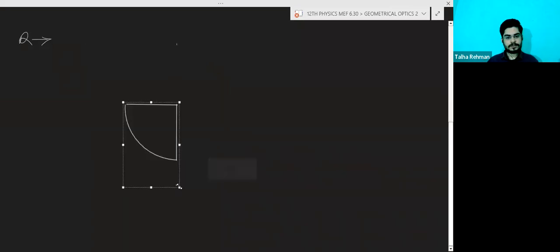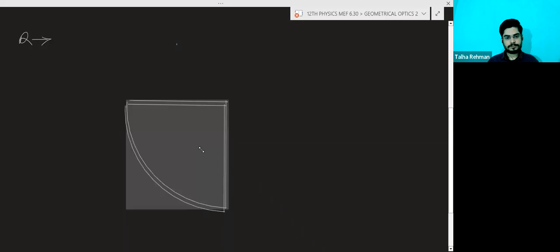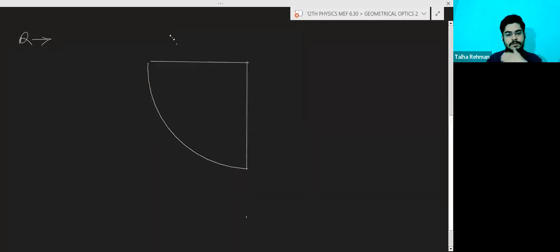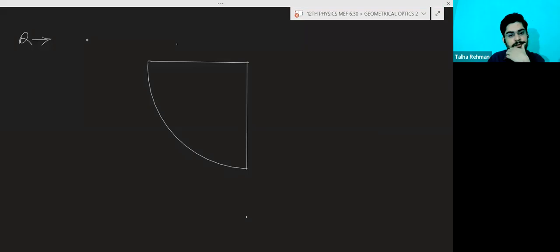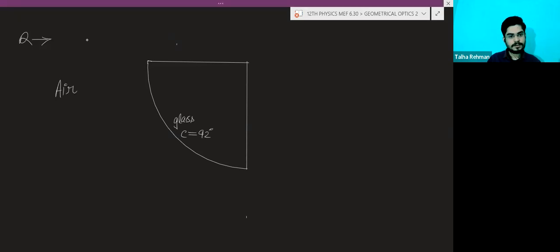This is a surface of glass. What surface? A surface of glass. This surface is made up of glass and has the critical angle 42 degree. And here is air, and a ray of light is just going like this.